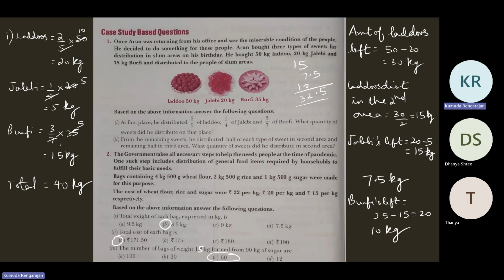But anyways, the idea is understood, right? Total quantity is 90 kgs. They're going to pack it in smaller bags. The weight of each bag is 1.5 kgs. So how many bags will be made? 90 by 1.5, which is 60, or 90 by 1.8, which is 50, whatever.